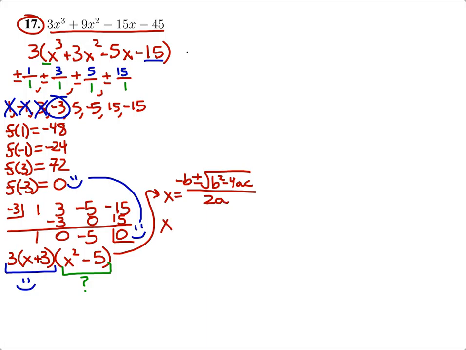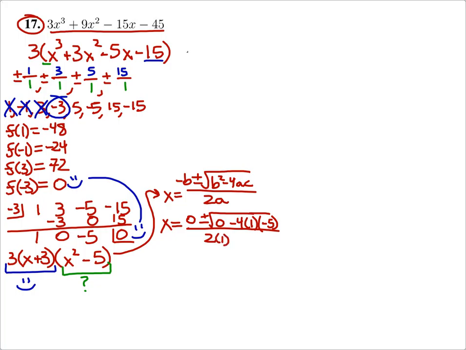Now b is 0 in this case, so it's the opposite of 0. You can just write 0, doesn't really matter. Plus or minus the square root. b squared is 0 squared, it's 0. Minus 4, in this case a is 1, and c is negative 5. All over 2 times 1.